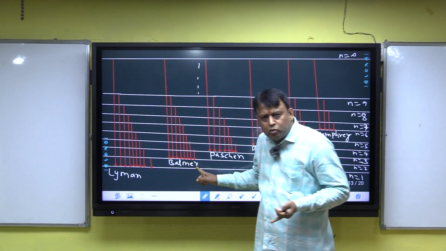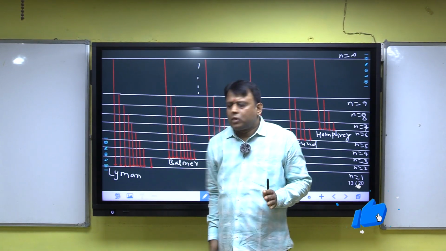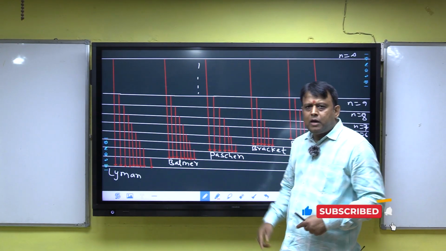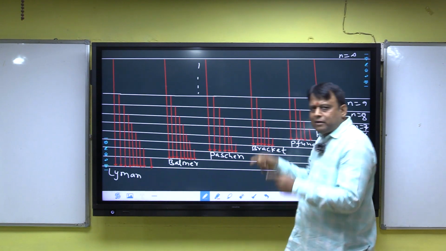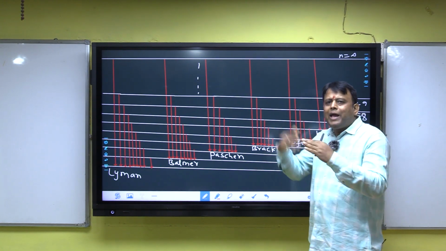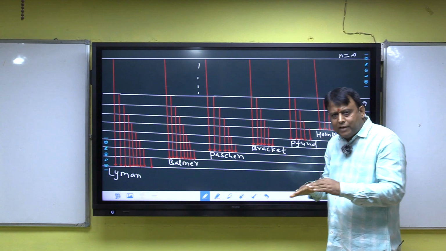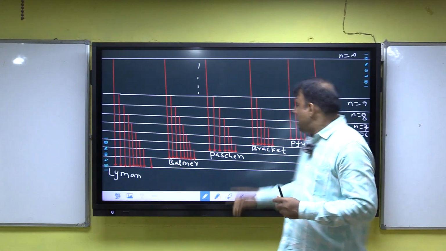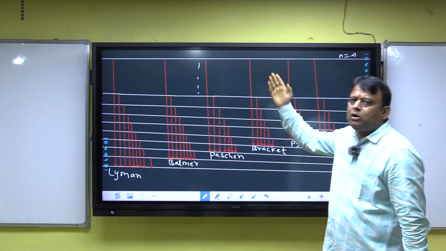Balmer n1 fixed 2, n2 is 3, 4, 5. Paschen n1 fixed 3, n2 is 4, 5, 6, infinite. Brackett n1 fixed 4, n2 is 5, 6, 7, infinite. Pfund n1 fixed 5, n2 is 6, 7, infinite. Humphreys n1 fixed 6, and n2 is 7, infinite.